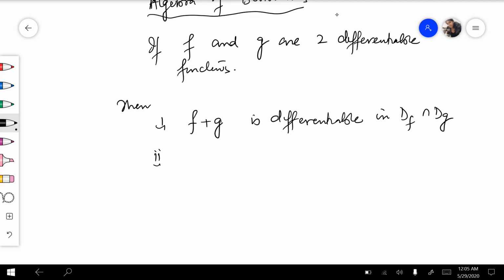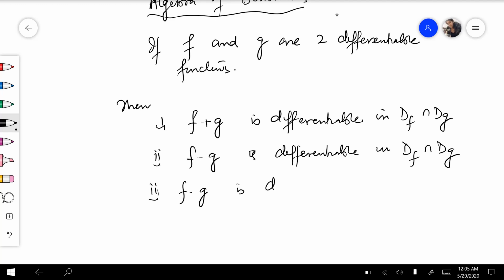Second, f minus g, continuity में भी हमने ये लिखे थे, is differentiable in domain of f intersection domain of g. Third, f into g is differentiable in domain of f intersection domain of g.